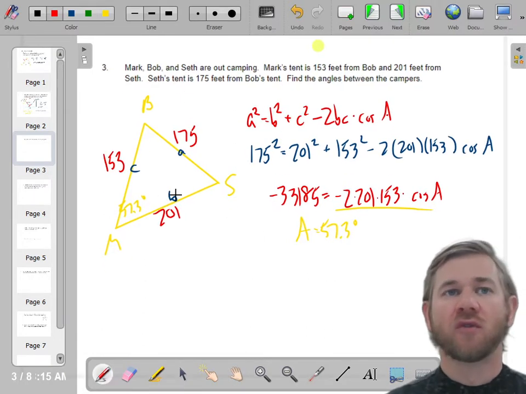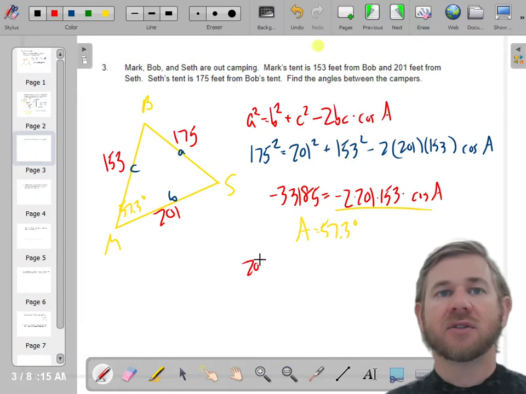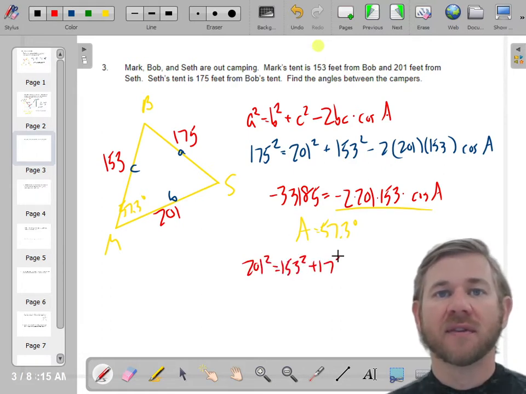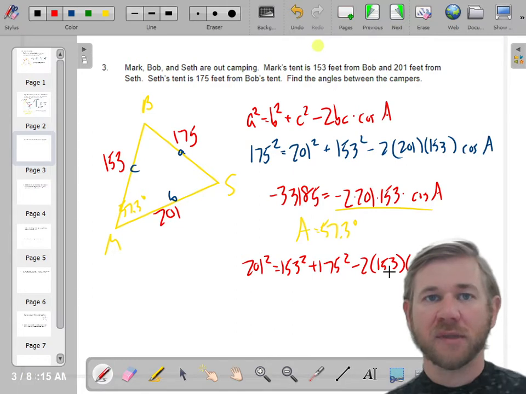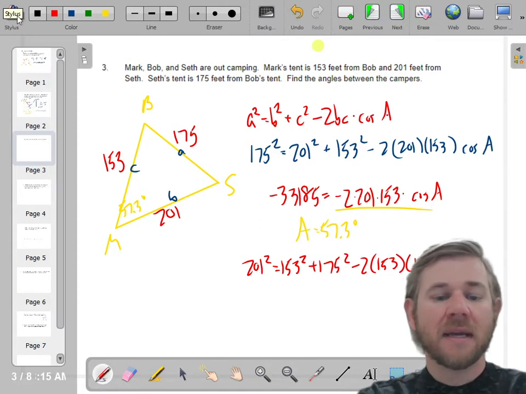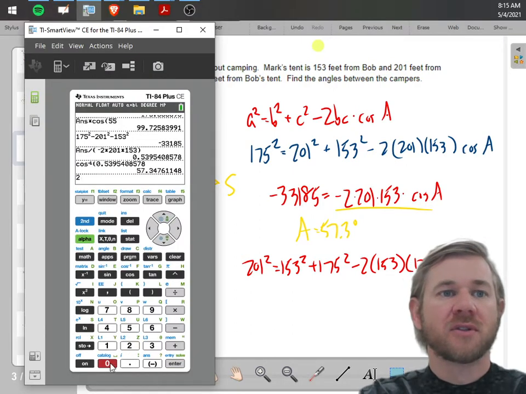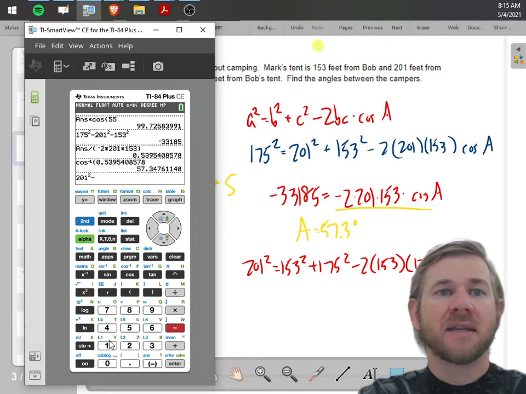I'll do the b squared formula. It's basically the same thing. 201 squared is 153 squared plus 175 squared minus 2 times 153 times 175 times the cosine of b. So again, I'm going to subtract the square terms: 201 squared minus 153 squared minus 175 squared.